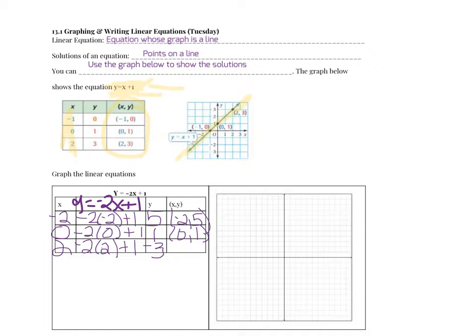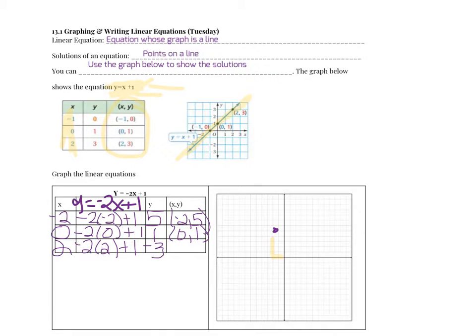Okay, now you're going to graph these points. We'll start with the first point, -2, 5. So go over -2, and then up 5, and then put your dot. I think that's right about there. Oops.